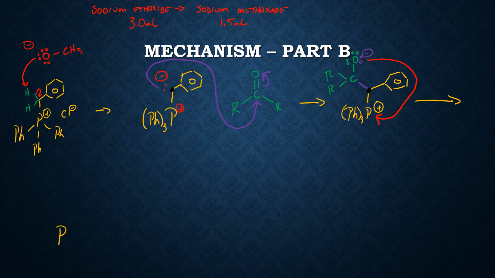So let's put my phosphorus there. It is bound still to my black carbon, which is bound in purple to my green carbon. Green carbon is still bound to an oxygen in green, which is now bound to my phosphorus.